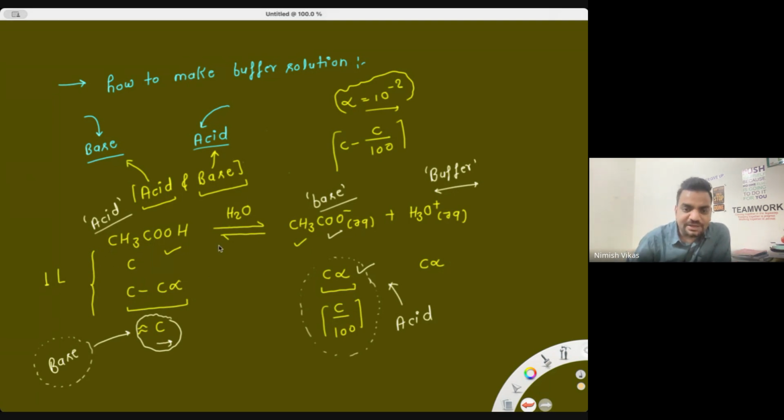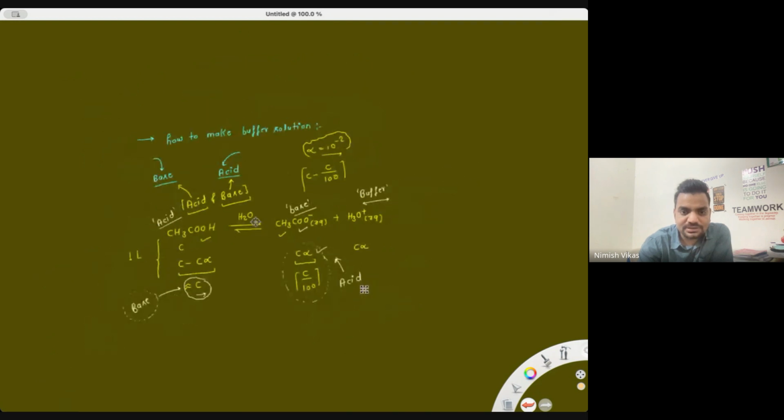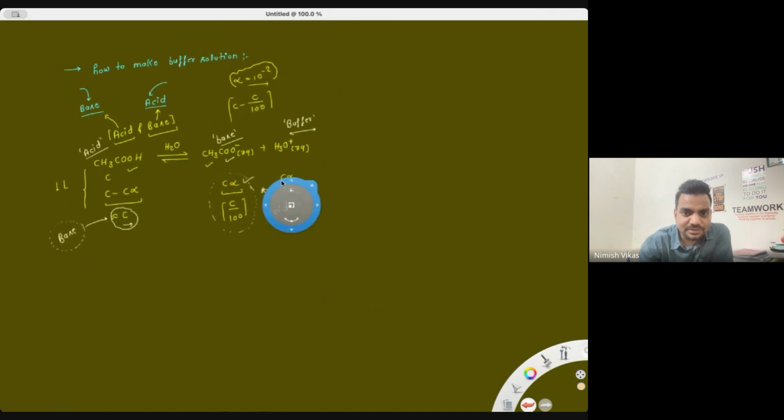So this is just a beginning. So this cannot be a buffer solution because we are not having enough acetate ion. So for the acetate ion, we can look for an alternative. We will add acetate ion from a different source. This acetic acid will never give us a good amount of acetate ion as it is a weak acid and it will be poorly dissociating.